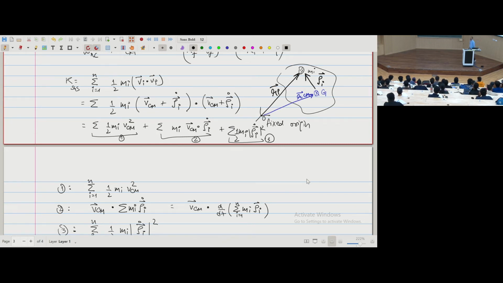What does summation mi ri give you? That gives the position of the center of mass. Now let's say your origin was fixed at G and you were measuring the position of each and every particle from G. That will be mi rho i if you're trying to find the center of mass. But the center of mass is at G. That means it is 0.